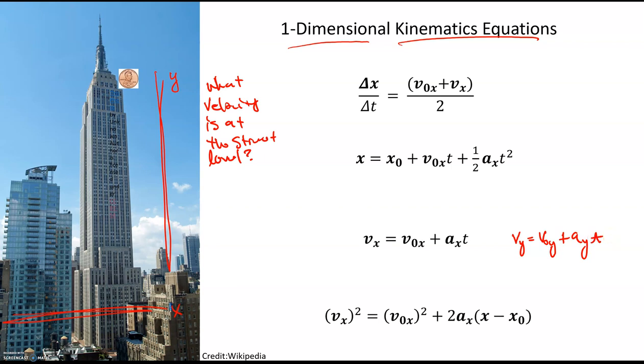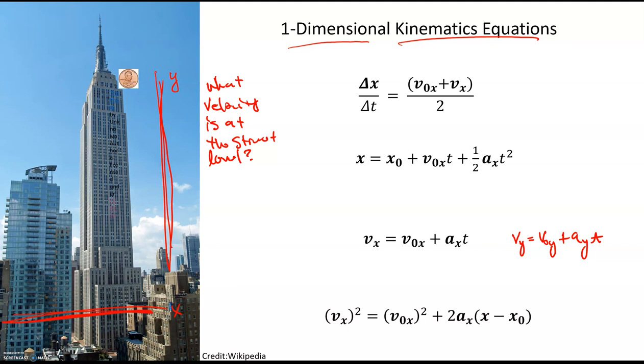So it just changes what that subscript is to tell you motion in the x direction or motion in the y direction. Either case is still just one-dimensional motion. If you're just moving horizontally, it's one dimension, the x direction. If you're just moving up and down vertically, then that's just motion in the y direction.